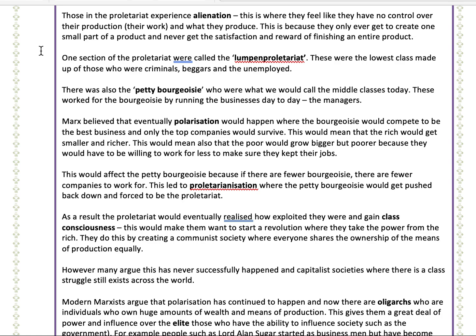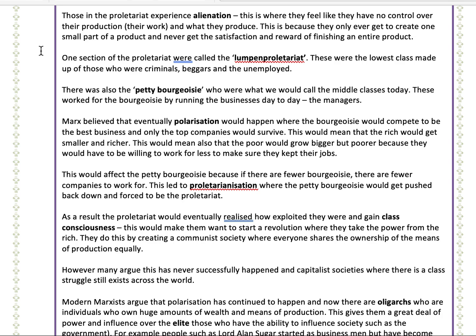And Marx believed that over time, polarisation would occur. So the rich would become richer and the poor would become poorer, and this would cause the proletariat to realise that they were being exploited.